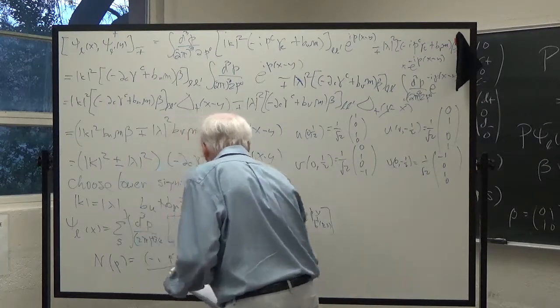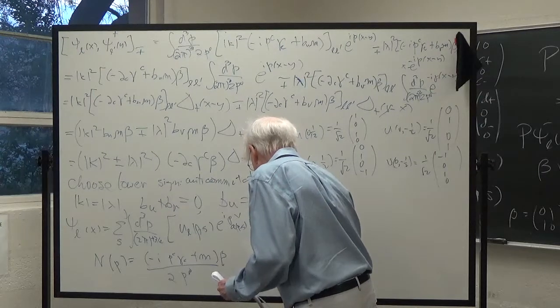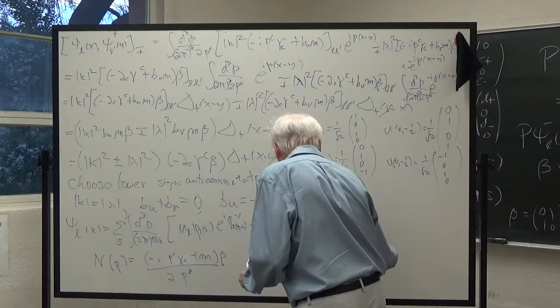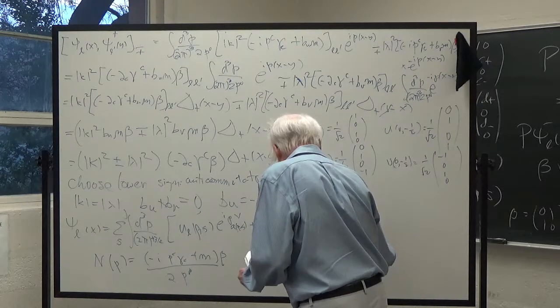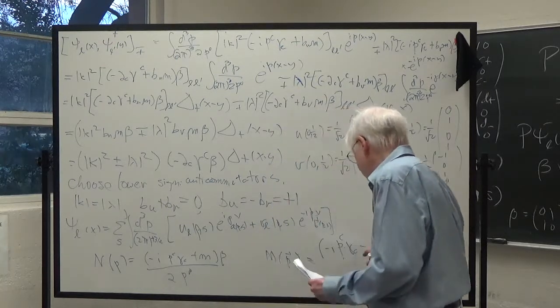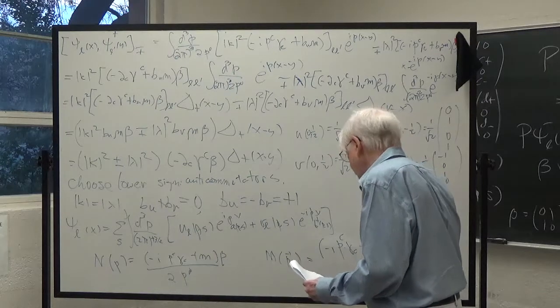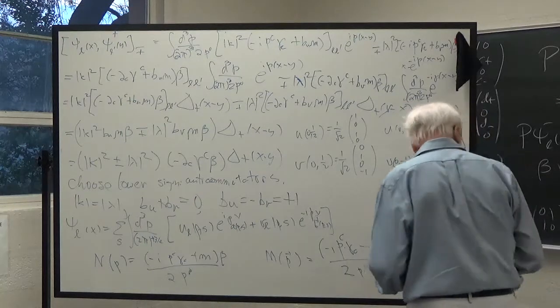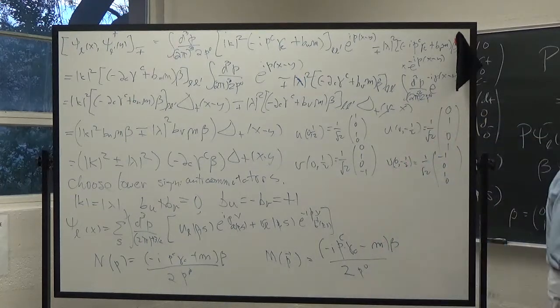And M of p is minus i p c gamma c minus m, because bv is the opposite, beta over 2p0.